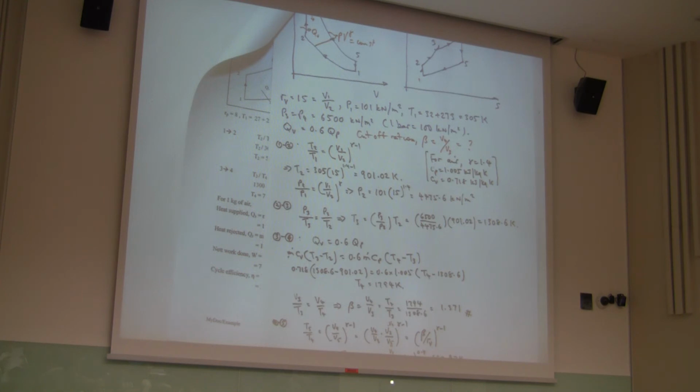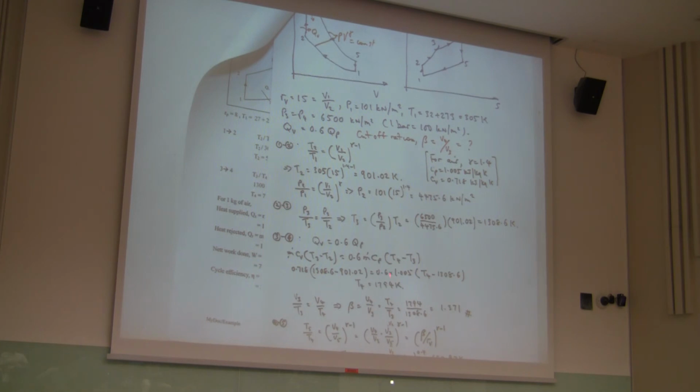Dual combustion cycle. The heat added at constant volume is 60% of the heat added at constant pressure. So that's what it means, right? Heat added at constant pressure, heat added at constant volume here. This is our theory. Alright, correct now. So now we can find T4.